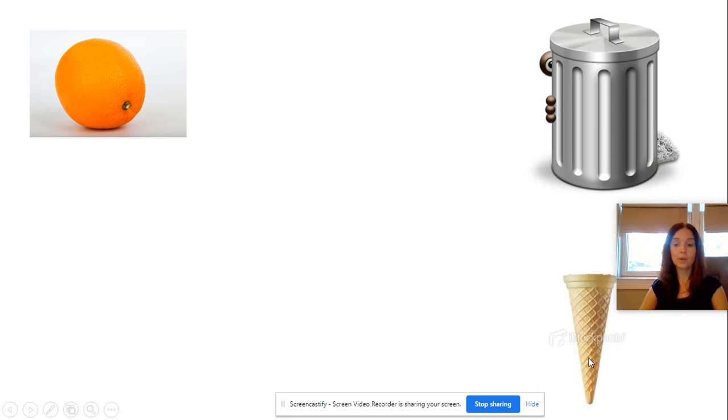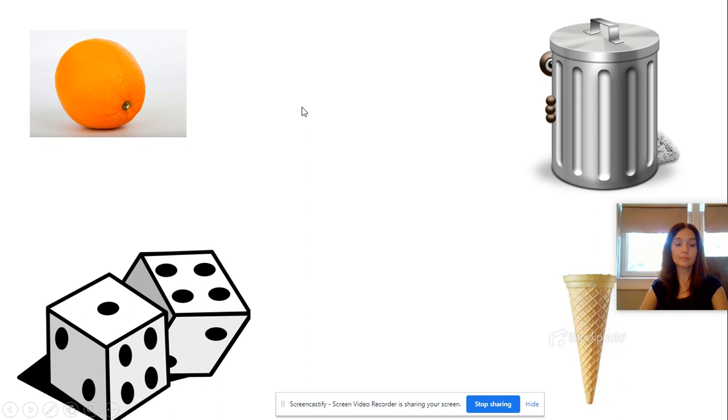We have an ice cream cone. And we have dice. So now you're going to decide which solid shape each picture is. So let's look at the orange first. What solid shape do you think the orange is? Did you say sphere? It's a sphere because it is all round and curved, no flat surfaces.